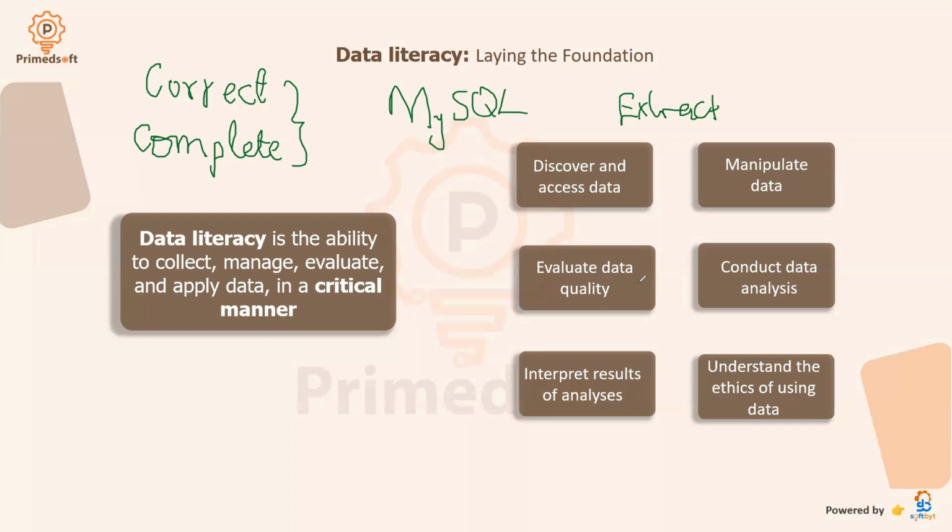There's something we call business rules. When we are collecting this data, are certain business rules enforced during the collection of the data? These are some of the things we need to know.